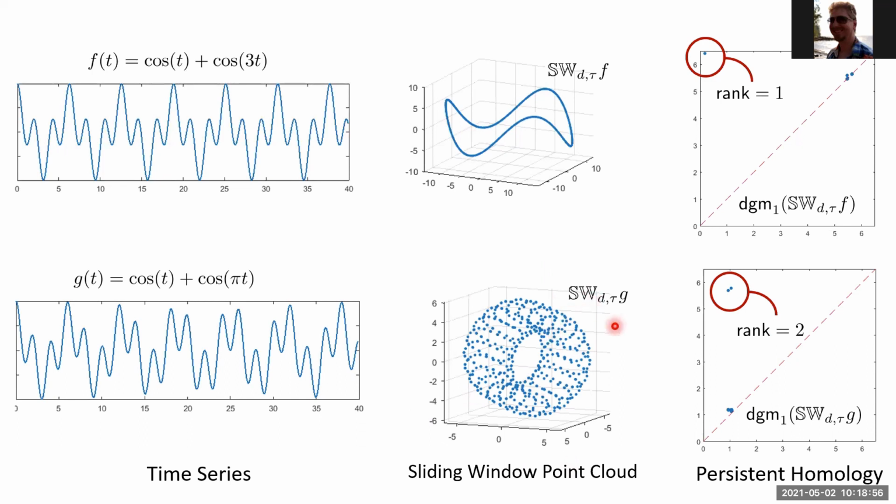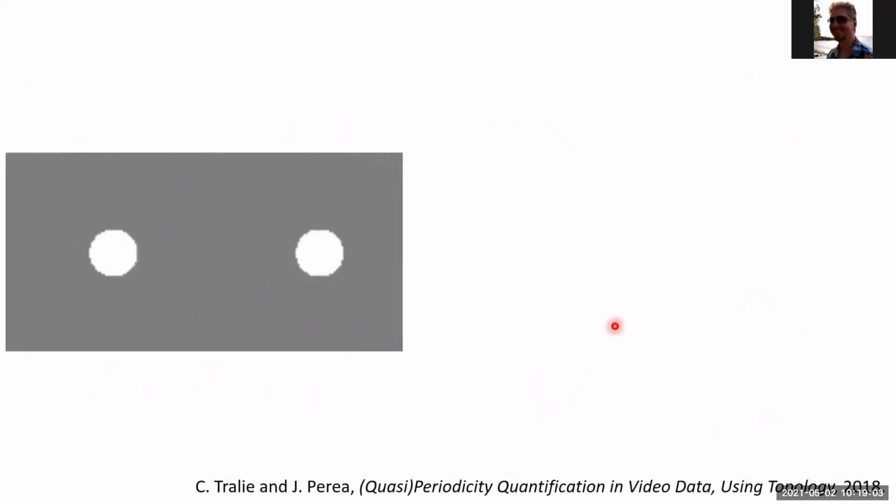And the cool thing is that not only can you do this at the level of real-valued time series, but here's a video of two oscillators. The way we designed it was for the frequencies to be non-commensurate, meaning linearly independent over the rationals.